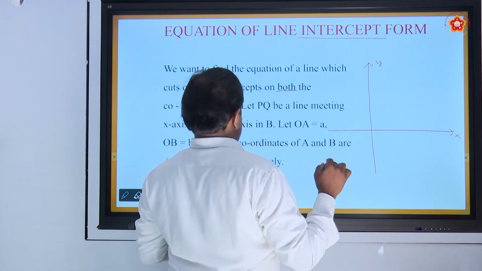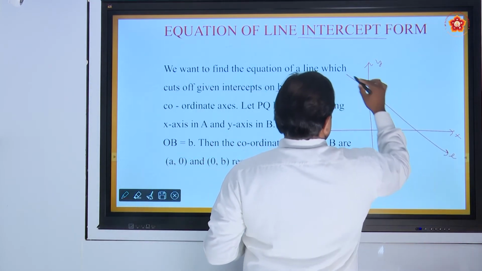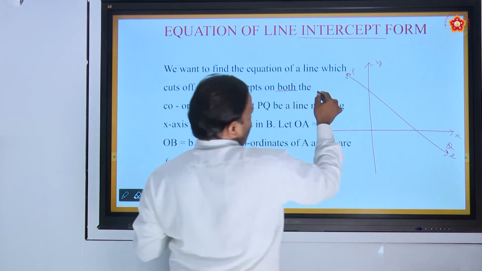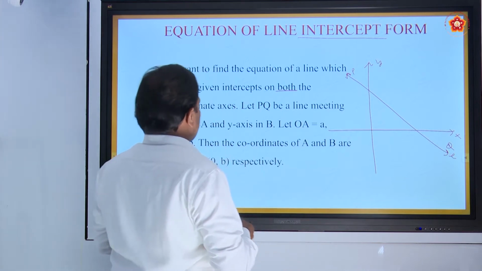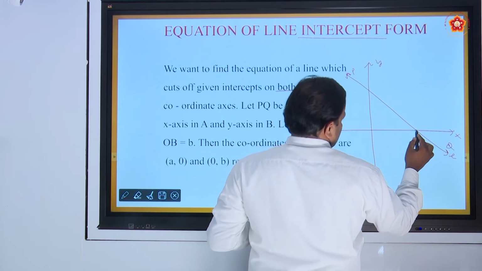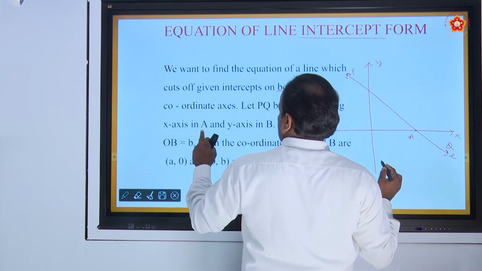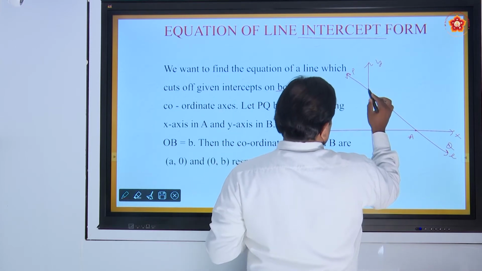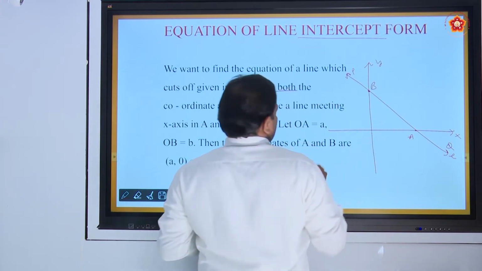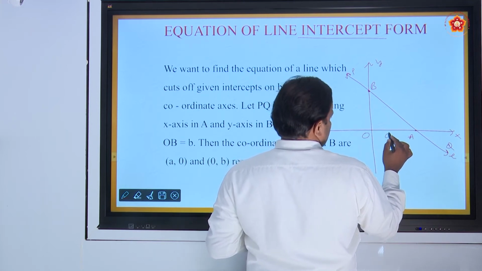Let PQ be the line, meeting the x axis at A and the y axis at B. Therefore OA, where O is the origin, is nothing but small a.